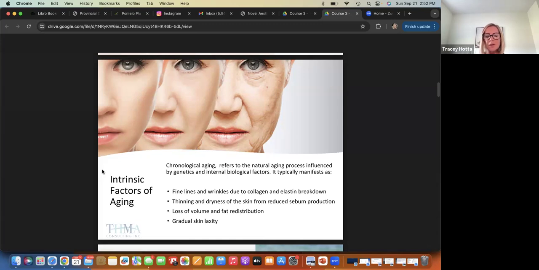It typically manifests as fine lines and wrinkles due to collagen and elastin breakdown, thinning and dryness of the skin from reduced sebum production, but also decreased hyaluronic acid production. And then we also have loss of volume and fat redistribution, and gradual skin laxity, which is where we get some sagging of our skin.